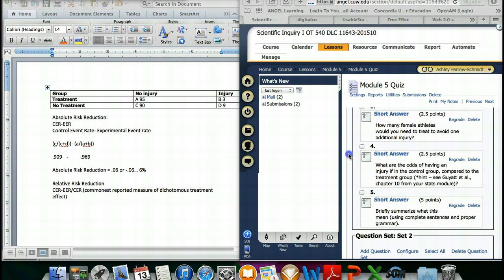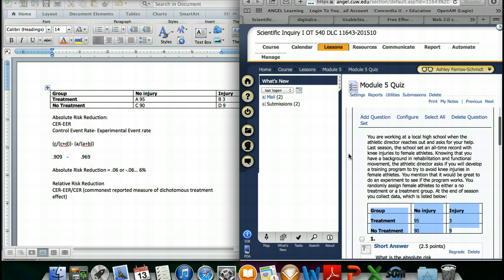We have the Module 5 quiz that we took, and the first set of data said you are working at a local high school when the athletic director reaches out and asks for your help. Last season, the school set an all-time record with knee injuries to female athletes.